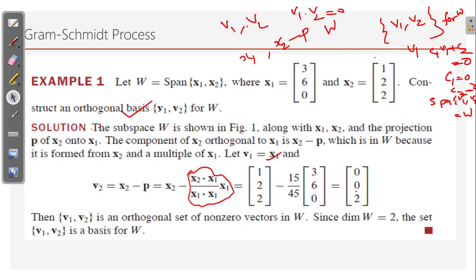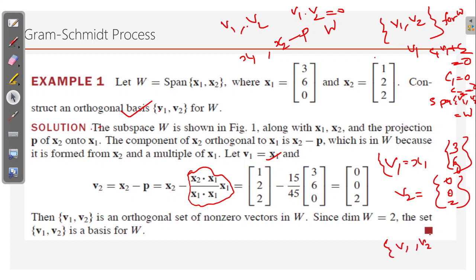So finally we got v1 equal to x1, that is 3, 6, 0, and another vector v2 as 0, 0, 2, and this set v1, v2 forms the orthogonal basis. These are non-zero vectors which form the orthogonal basis.